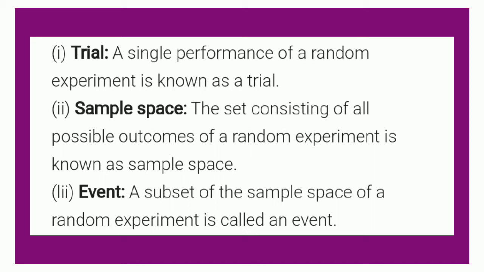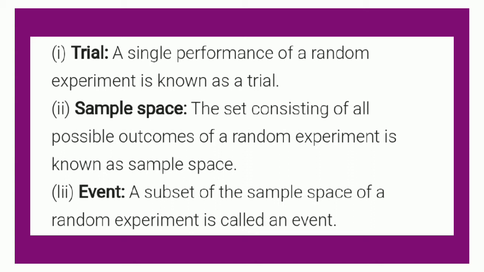Then sample space. The set consisting of all possible outcomes of a random experiment is known as sample space. Example, throwing a die. So we know 1, 2, 3, 4, 5 and 6 are the 6 members in a set. That set is called the sample space of a die.